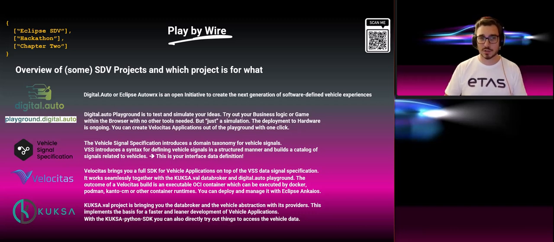If you start with Digital Auto, you can directly create a Velocitas application out of it. And in the Digital Auto Playground, you can create a wish list. Remember that: a wish list for the Vehicle Signal Specification, which is directly included in your Velocitas project and which you can reuse in the data broker.